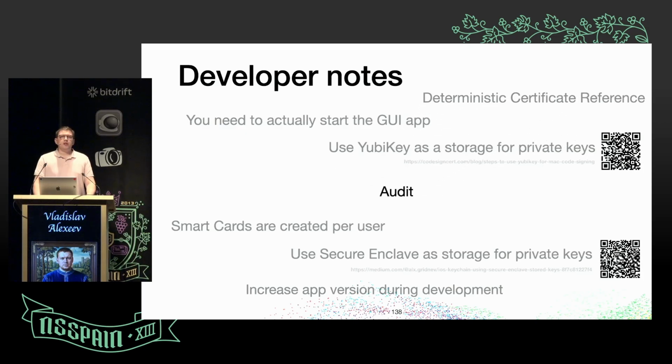And audit, don't forget about audit. Whenever the backend is asked to sign some bytes, it can log that to some audit database, right? And then it lets you answer the question: I see this executable around the internet. It is signed by us. But did I actually sign it?